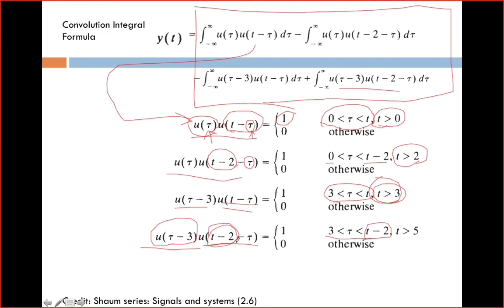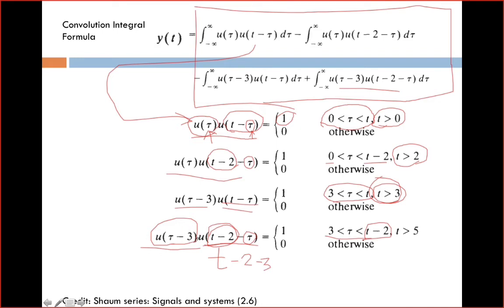Now we have to again concentrate on t, where the t is starting. Here you are going to substitute the value of tau. The tau value is 3, so t minus 2 minus 3. I'll write once again, t minus 2 minus 3. 3 is nothing but the value of tau that we have taken from the previous function, u of tau minus 3.